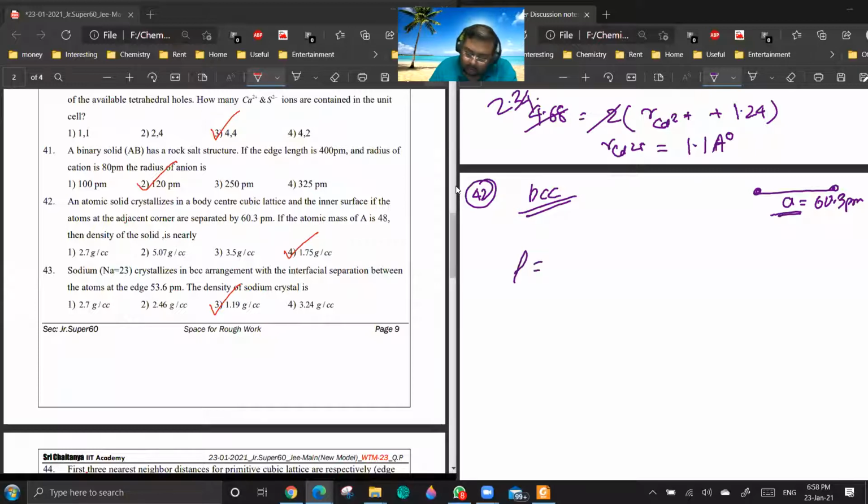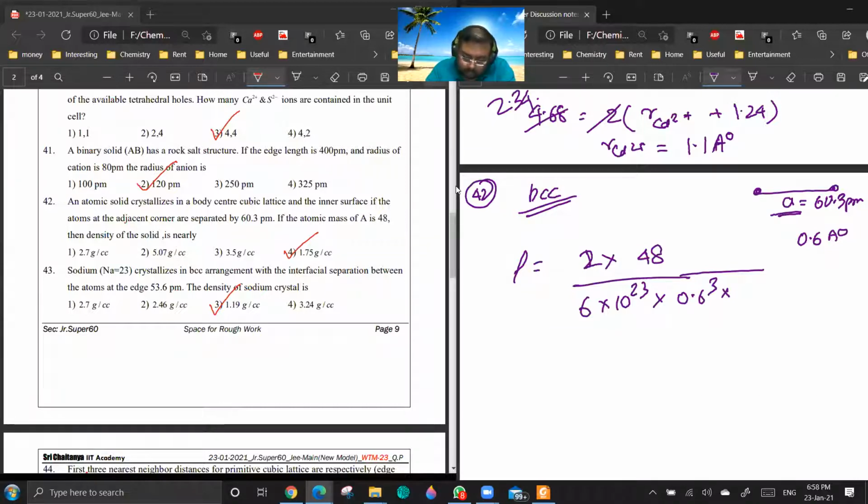Rho is Z into MW by Na, Z is 2, MW is 48, Na is 6 into 10 power 23, into A cube. 60.3 picometers is 0.6 angstroms. So 60.3 plus 2R, right?